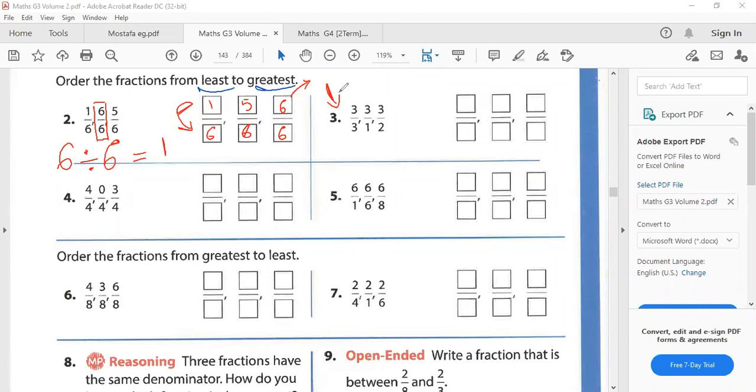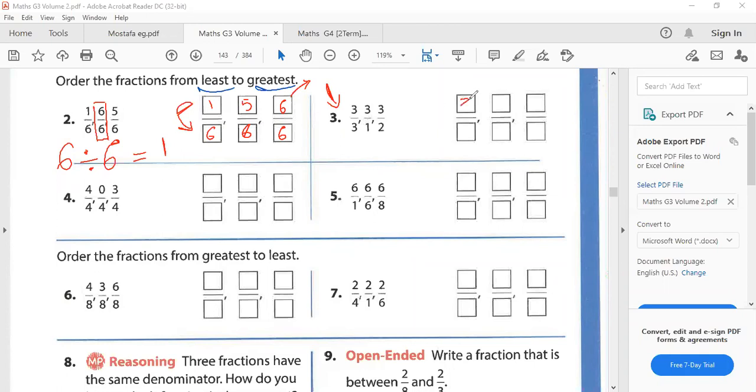So we have the same numerators or the same denominators? The same numerator. Excellent. So we're going to follow the rule that the smallest denominator means the greatest fraction, and the greatest denominator means the least fraction.